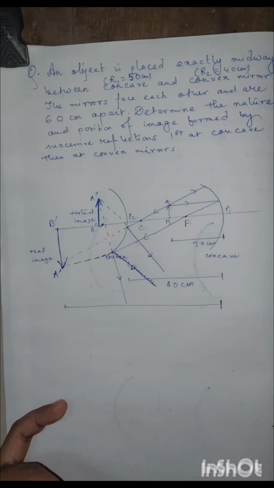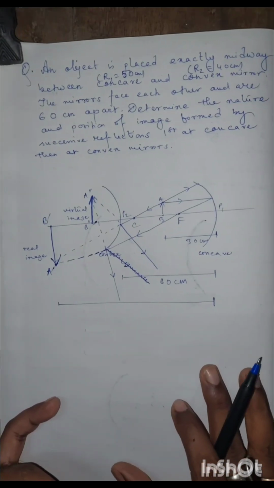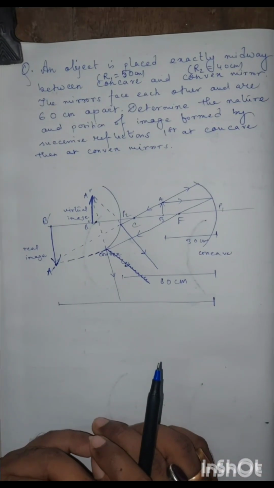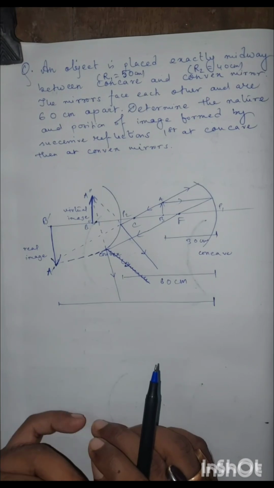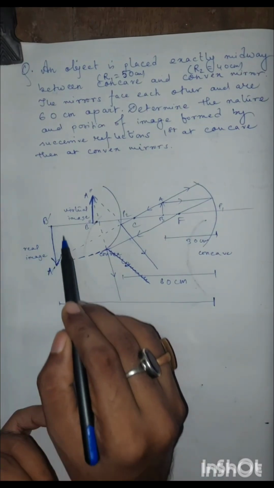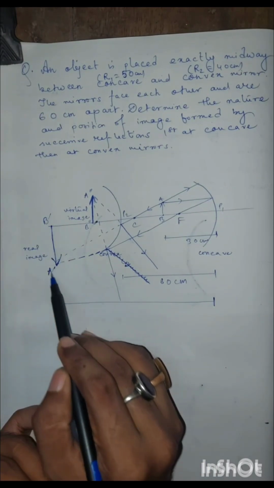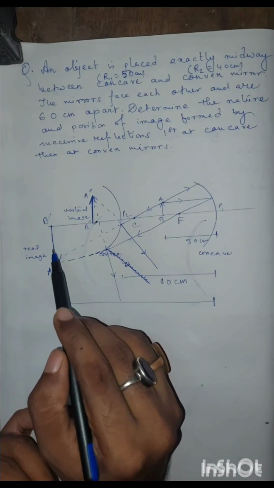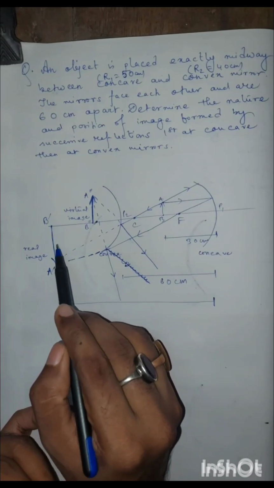Now, if we look at the question, we need to determine the nature and position of image formed by the successive reflections. First at the concave mirror. So we have to talk about this image, the nature and position of this image.